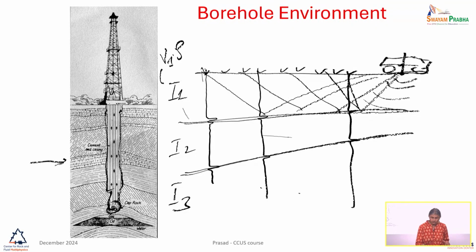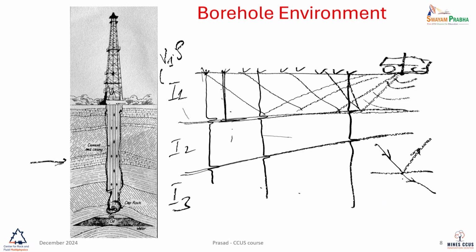If you have a reflection coming back, let's say if I do a two-way travel time, the strength of that reflection will depend on the impedance contrast between this zone and that zone. So we are looking at that impedance contrast, and we are defining reflection and transmission coefficients, pretty much like your optical waves where you have your reflection and refraction, right? Exactly the same, slightly more added to it.